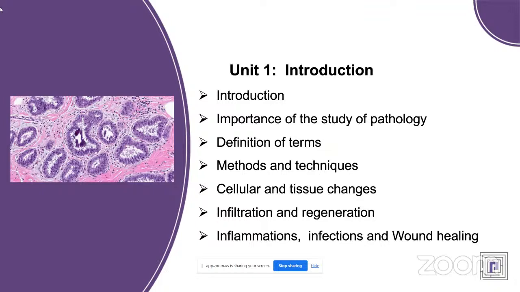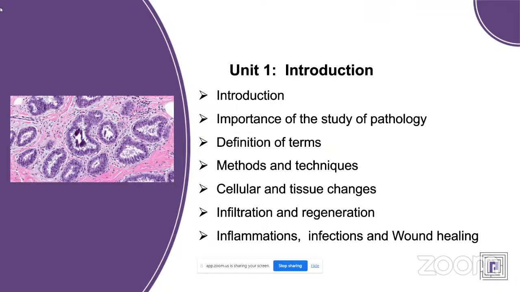And next, methods and techniques. There are certain techniques and methods in pathology with which we do some tests, and all these methods and techniques are discussed. And tissue and cellular changes, infiltration and regeneration, inflammations, infections, and wound healing.